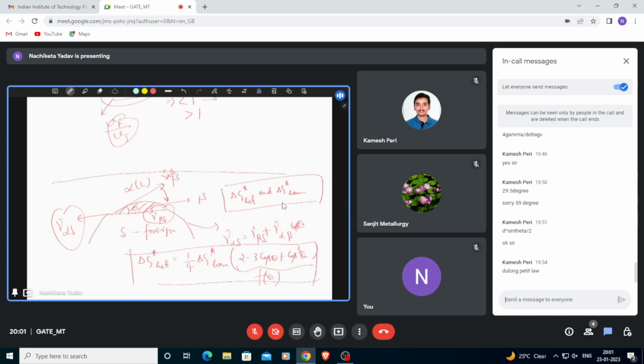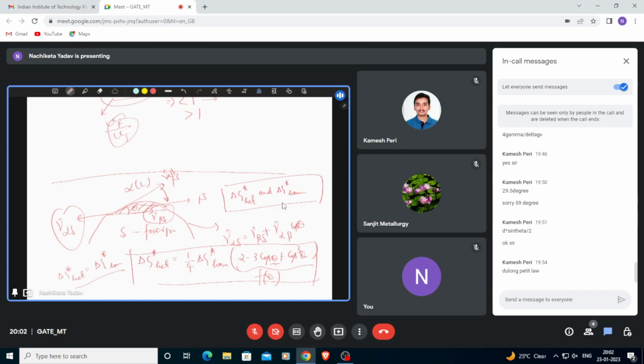So when there is a point contact with delta particle, then theta will be 180 degree, and if you put 180 degree, then you will get delta G heterogeneous equal to delta G homogeneous. And when beta phase completely wets delta particle, then theta will be 0, then delta G heterogeneous will be 0.